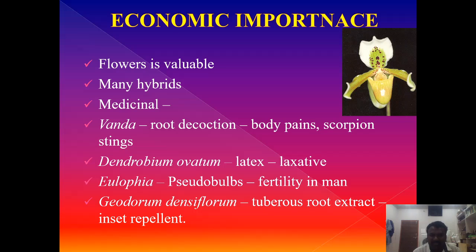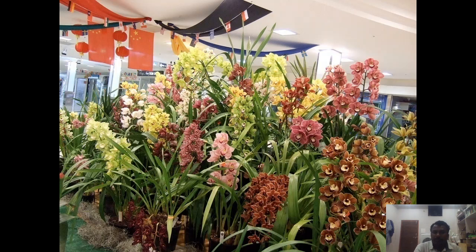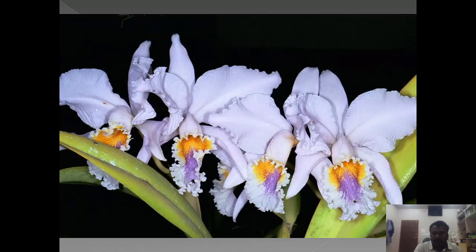The tuberous root extract of Geodorum densiflorum is used as an insect repellent. Food: the fruits of vanilla, which are fragrant, are used in ice creams, chocolates, and salads. And the tubers of Platanthera are edible. There are so many ornamental plants in this family. You can see now the beauty of the orchid flowers.